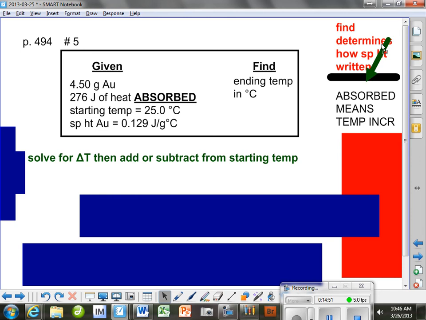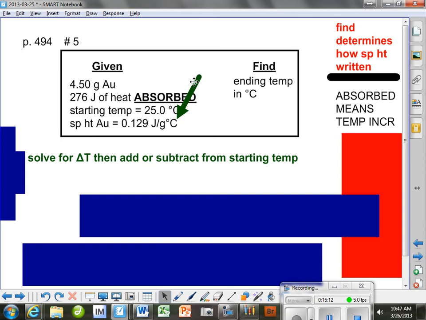Which one goes on top? So, what has to be on the top of our fraction? Degrees Celsius. So, what is the fraction going to look like? Degrees Celsius. Grams degrees Celsius over. Good. Yes.